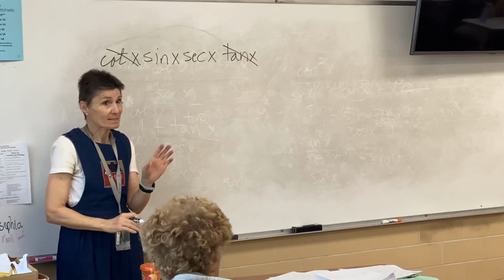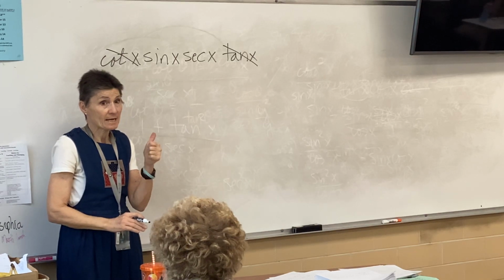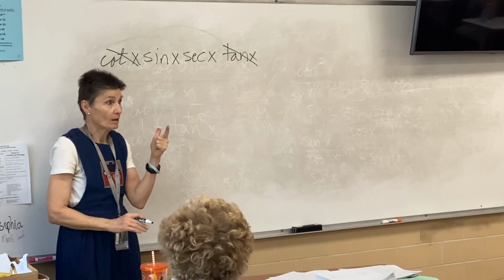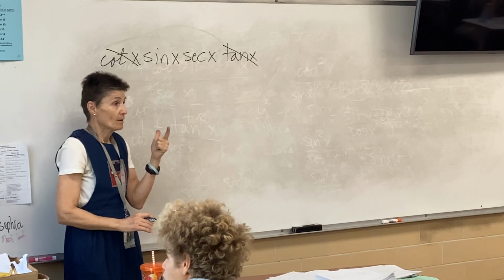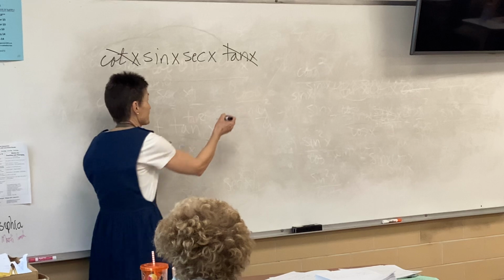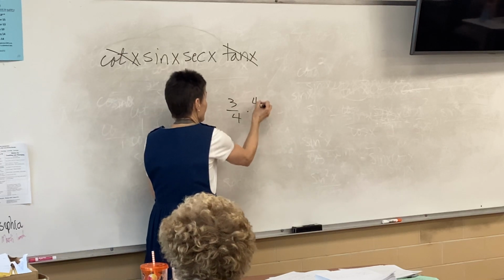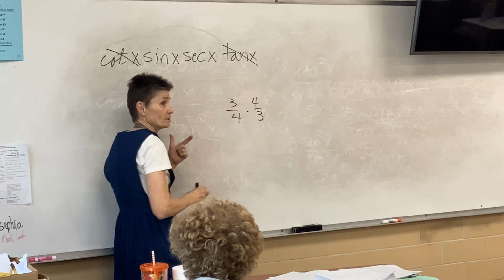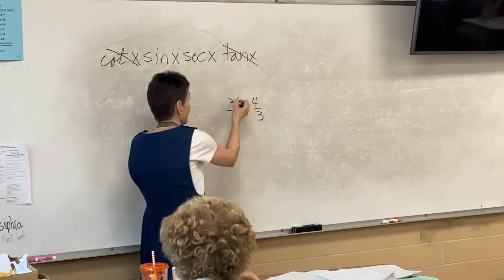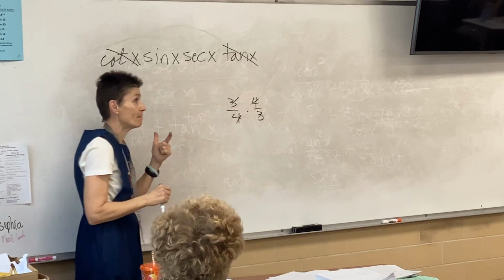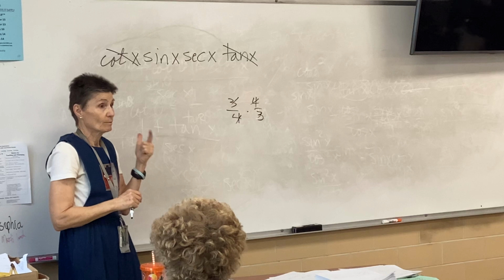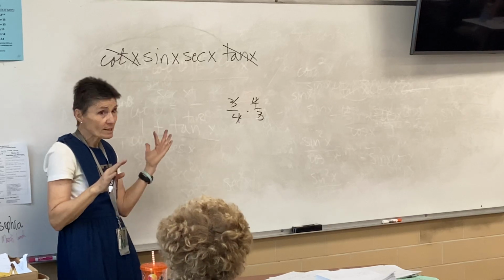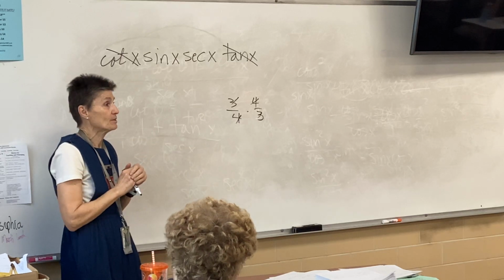Does that make sense to everybody? Tangent and cotangent are reciprocals. They're like 3/4 and 4/3. Whenever you multiply reciprocals, they cancel completely and make 1, right? So if you notice that, you absolutely can do that.